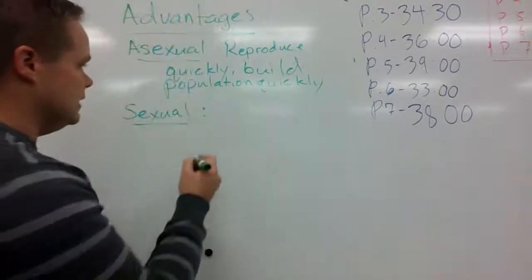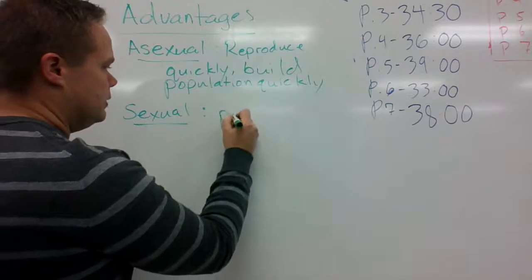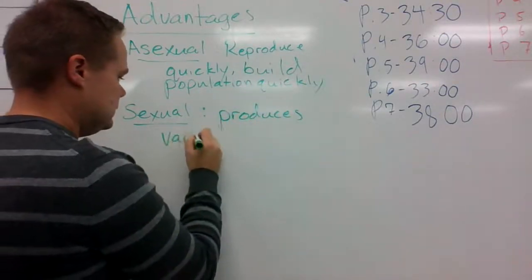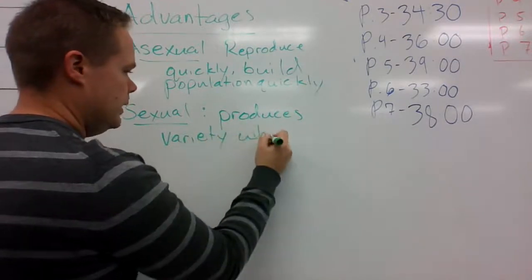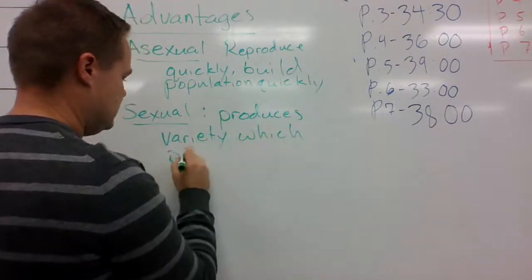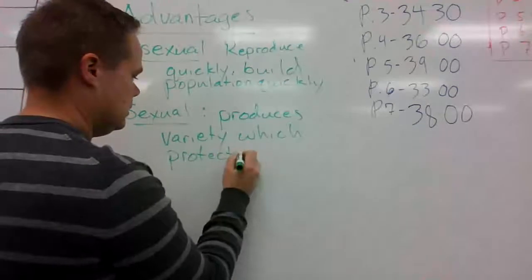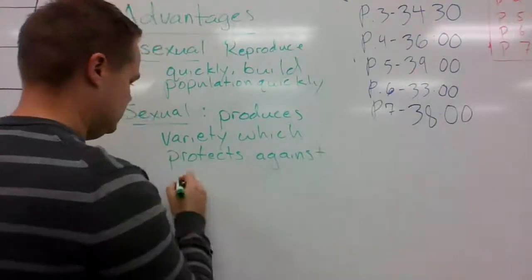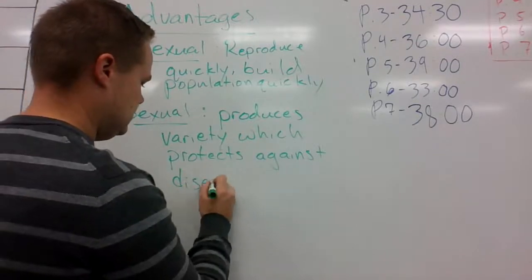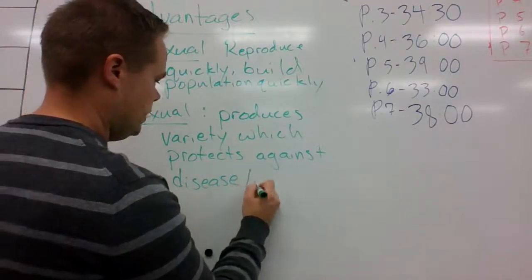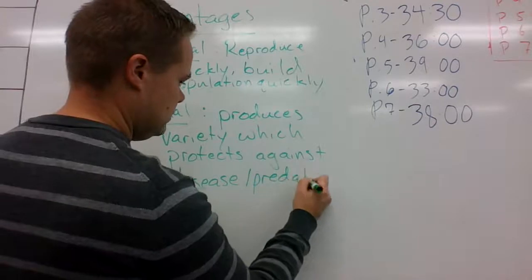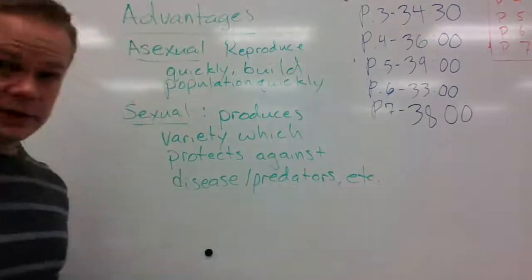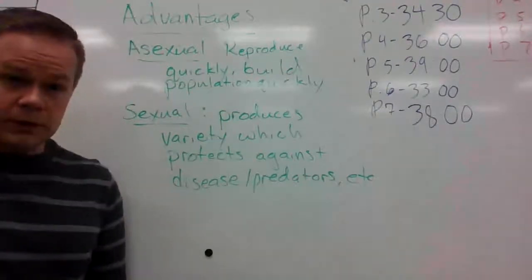But the advantage is that sexual reproduction produces variety, which protects against disease, predators, etc. Okay, so add that to your notes. You can pause the video.